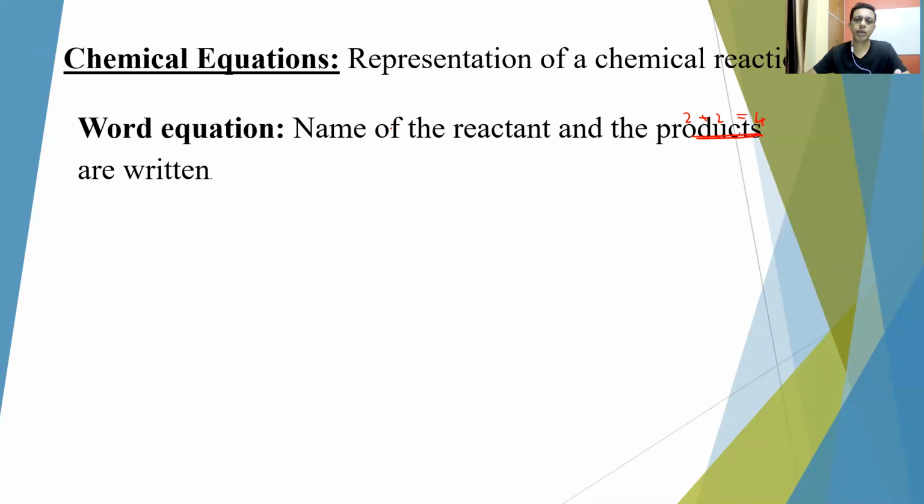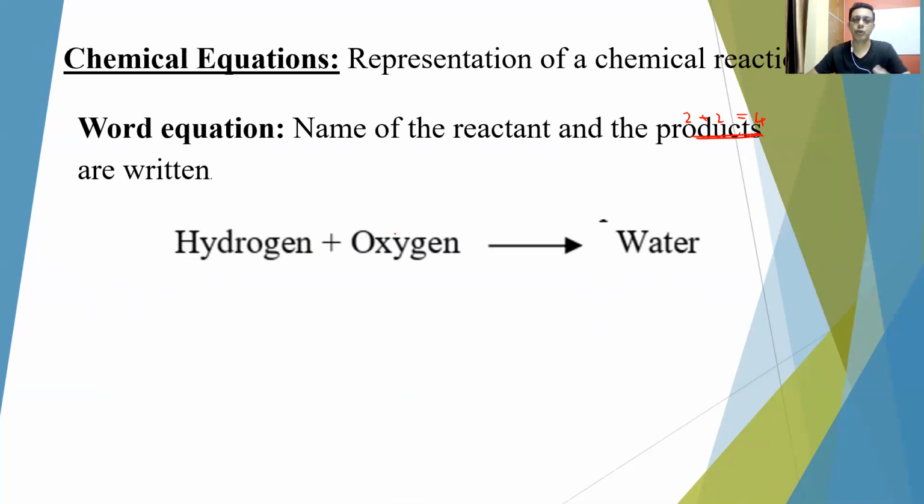Now we can write the chemical reaction as a word equation where the names of the reactants and the products are written. Like this. When hydrogen reacts with oxygen to give water, it can be represented like this. Hydrogen reacts with oxygen to produce water. So this is known as a word equation. If I write carbon reacts with oxygen to produce carbon dioxide, this is also an example of a word equation.